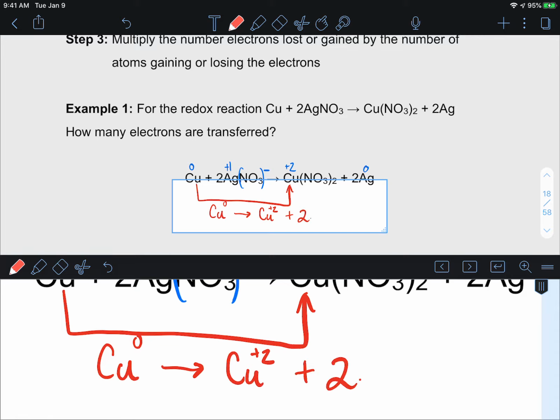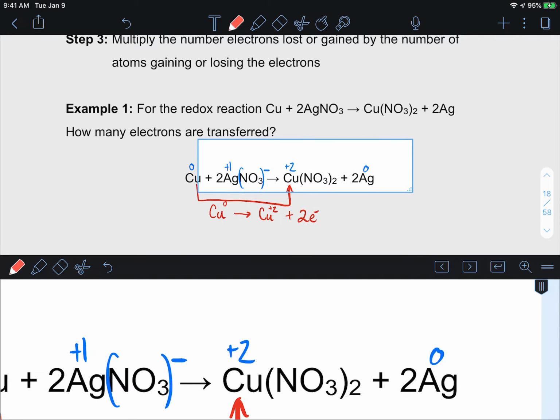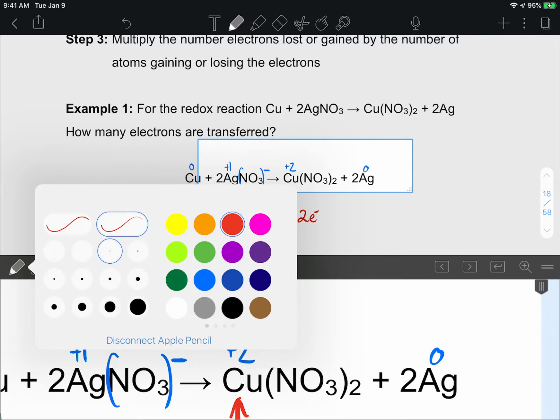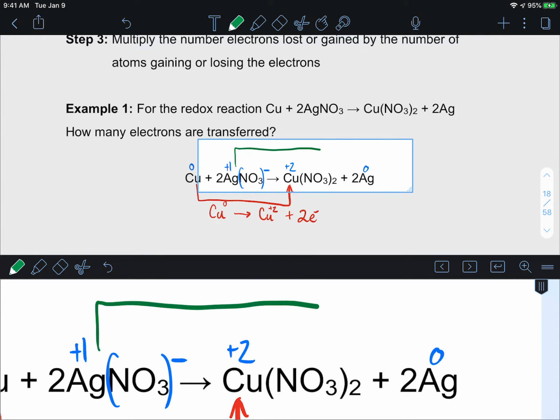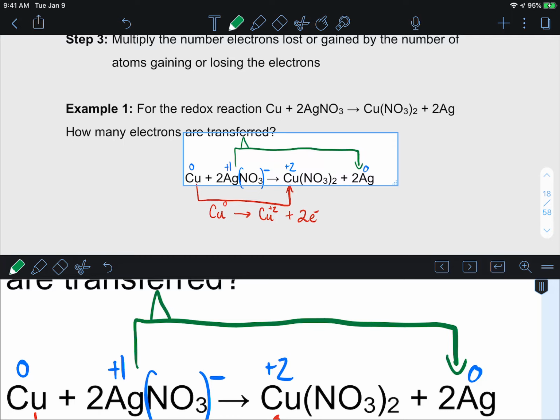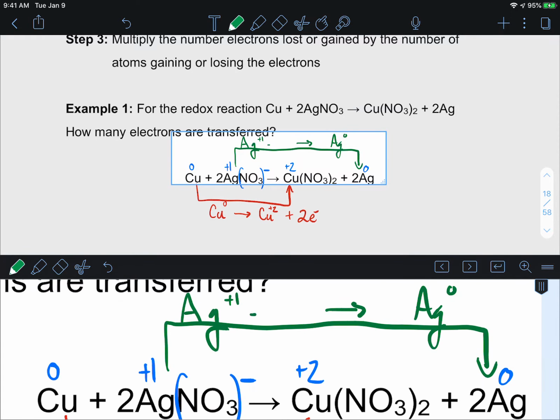That means I must be producing 2 electrons. Over here on the top, I have silver starting as Ag +1 and becoming silver metal, so it must be adding 1 electron.